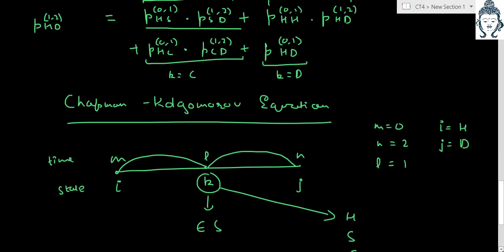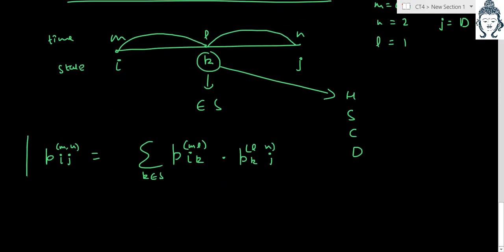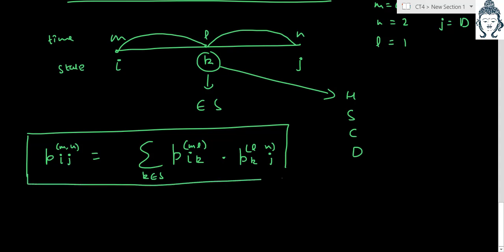So I have to add over all these possible values, and this is the generalization of the Chapman-Kolmogorov equation, right?